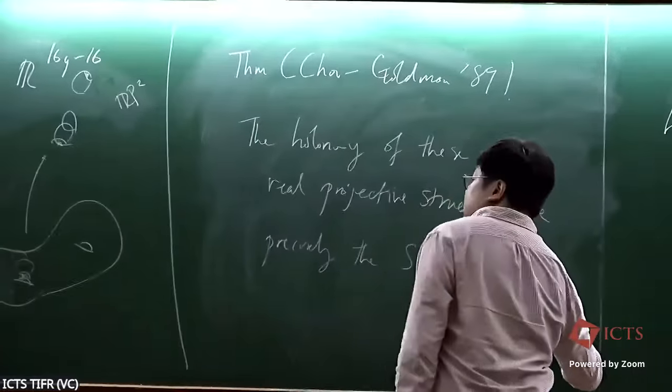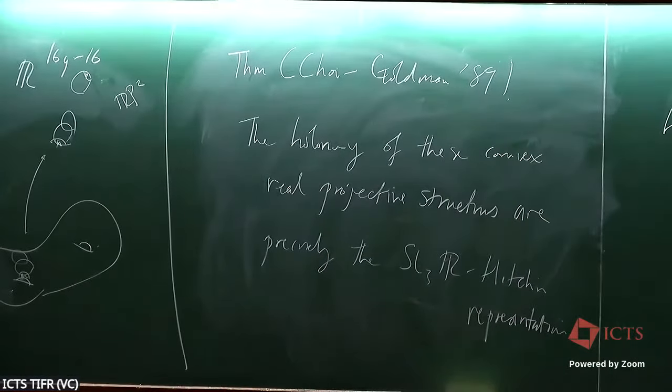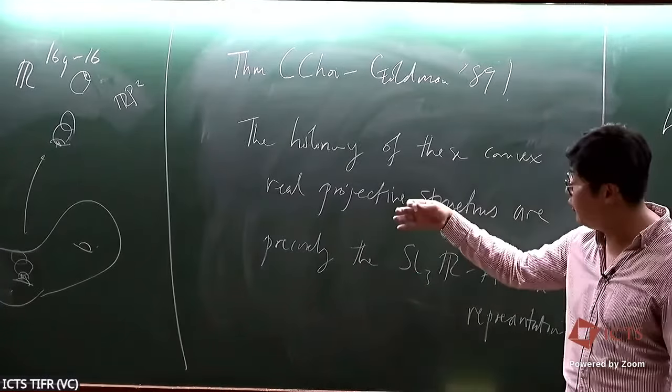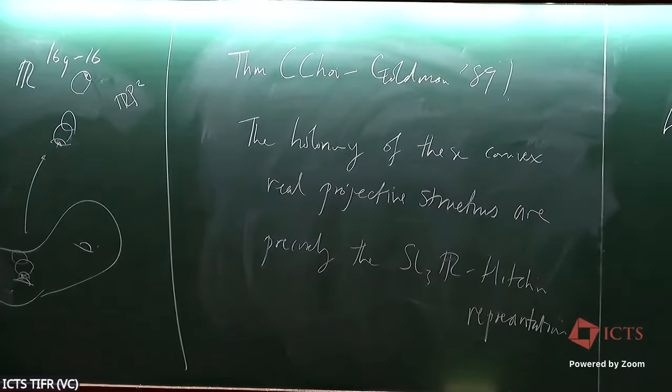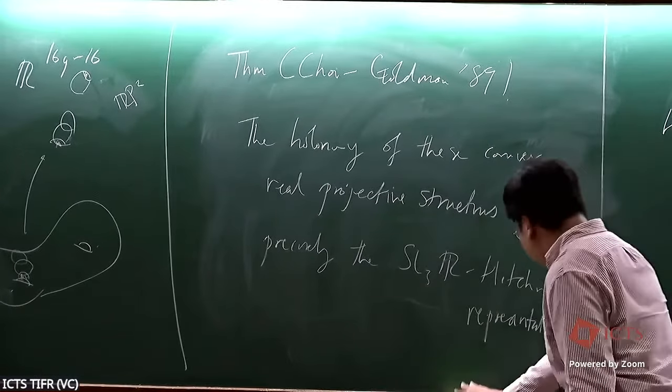So in this sense, these algebraic objects have geometric meaning. And by geometry, I really mean in terms of G-X structure. You have a group acting on some homogeneous space. So SL3R Hitchin representations are useful.